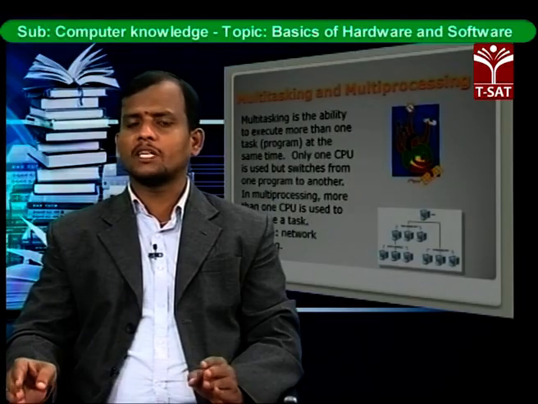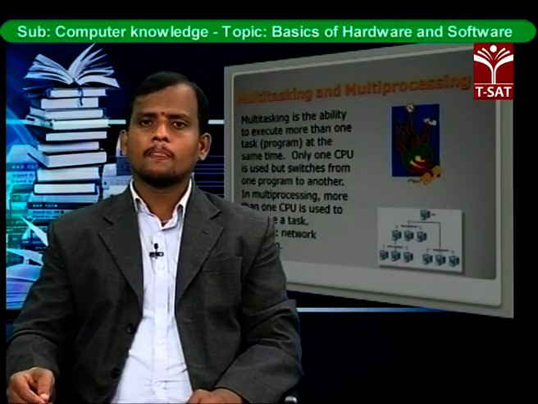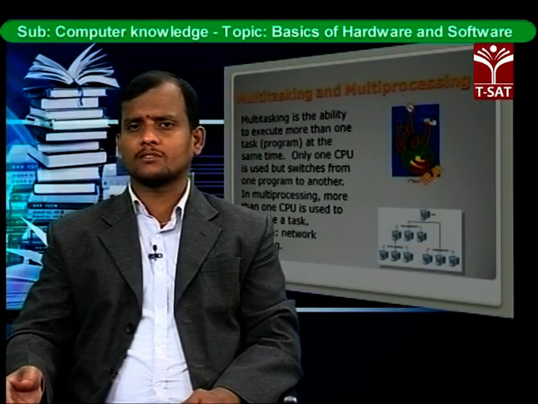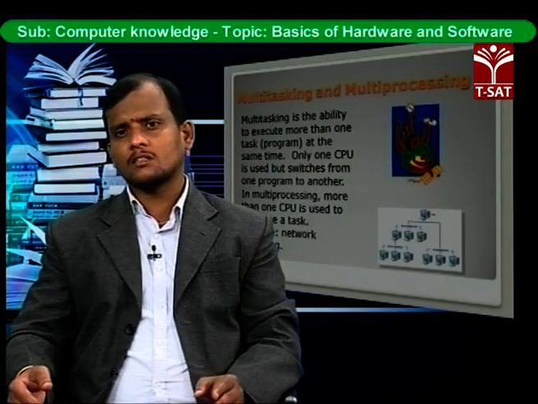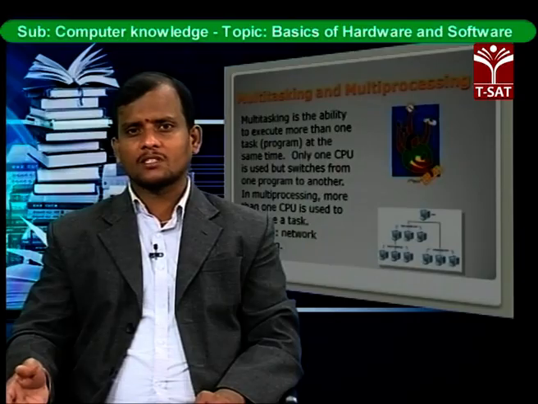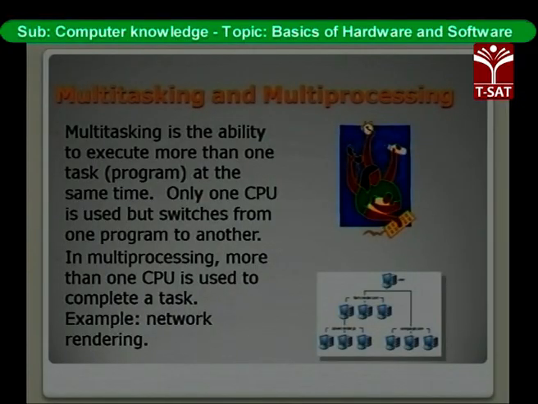So what is the major difference between multitasking and multiprocessing? There might be confusion. Generally, in competitive exams, they may ask what is multiprocessing and what is multitasking. Multitasking: one CPU, multiple instructions. That is the only difference. Multiprocessing: multiple CPUs, one instruction.